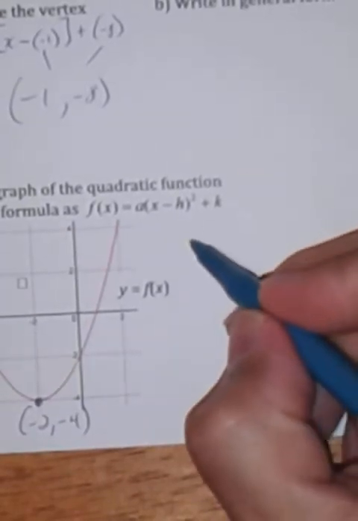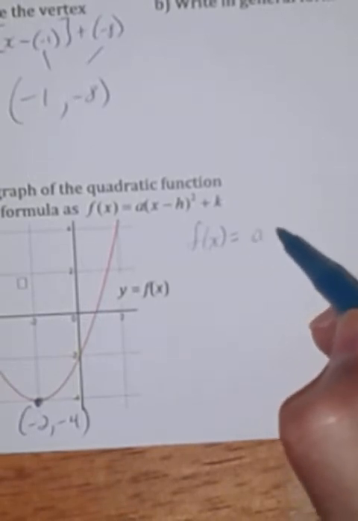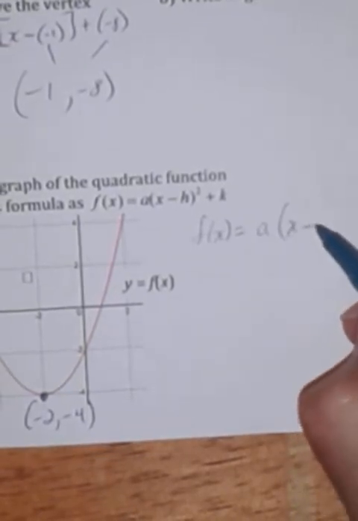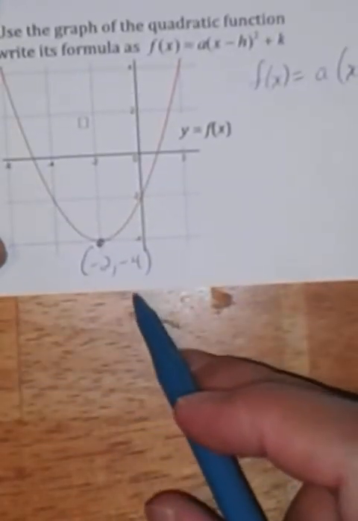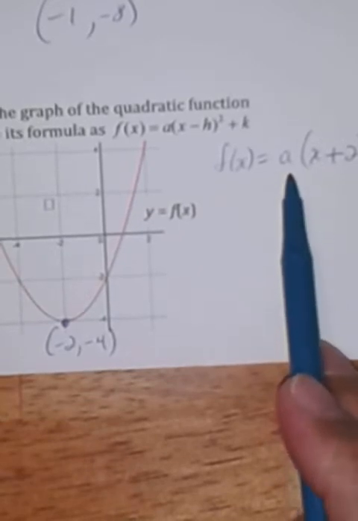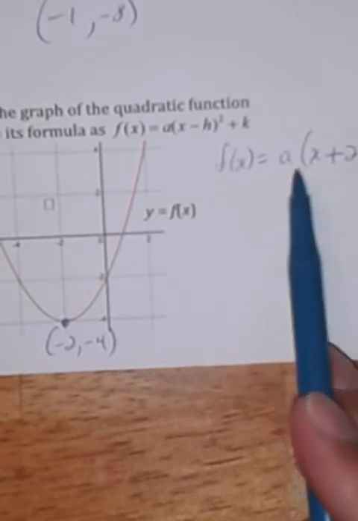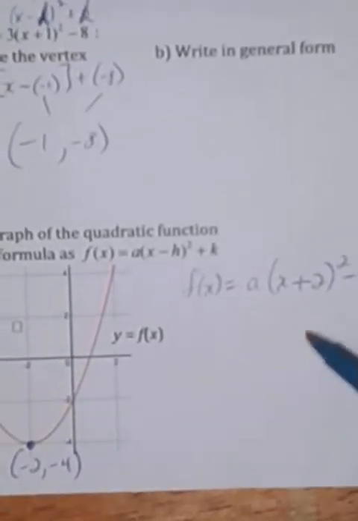So I have f of x equals, I don't know what a is, times (x minus negative 2), which is x plus 2, squared, plus negative 4, that would be minus 4. Okay? So notice all I need to do is find a.